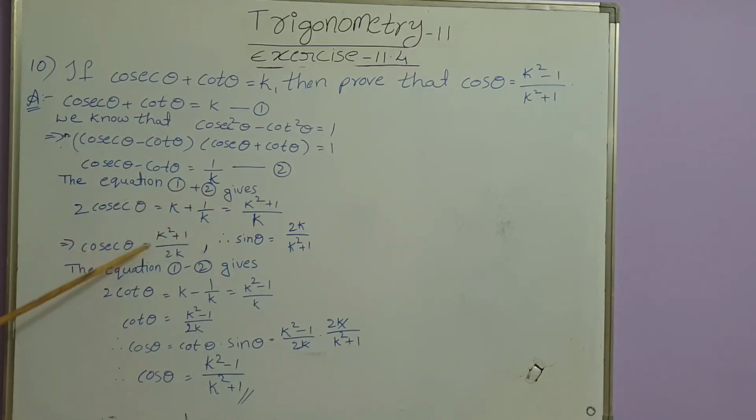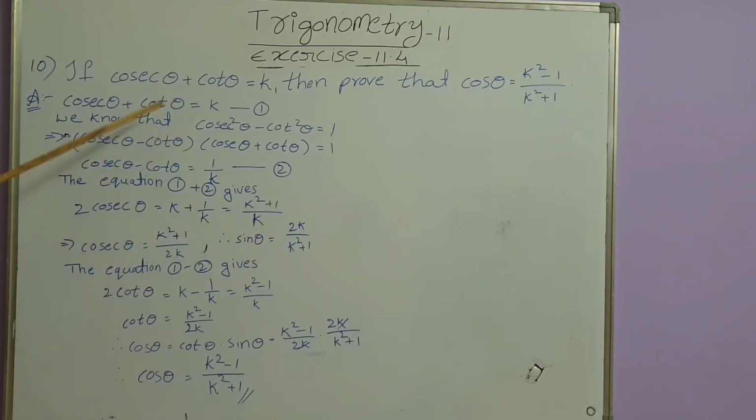Cosec theta is equal to (k square plus 1) by, take this 2 to this side, 2k. Now what is cosec theta? Cosec theta is equal to 1 by sin theta. So sin theta is equal to 2k by (k square plus 1).